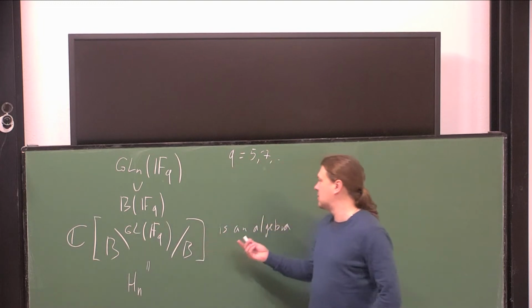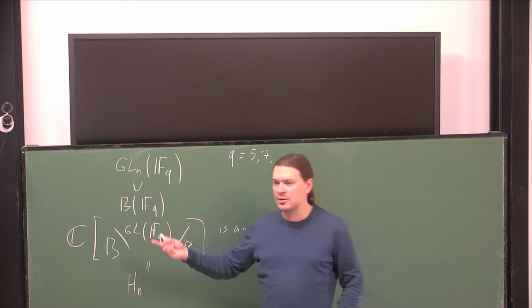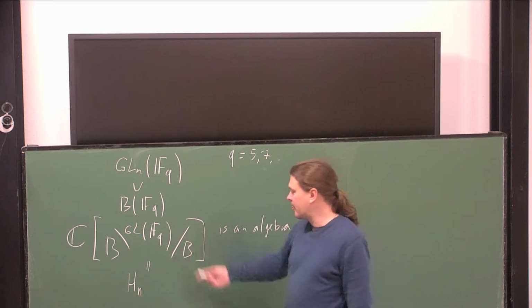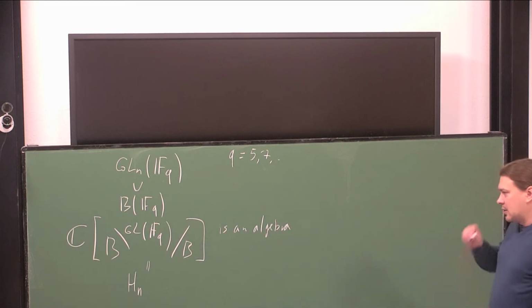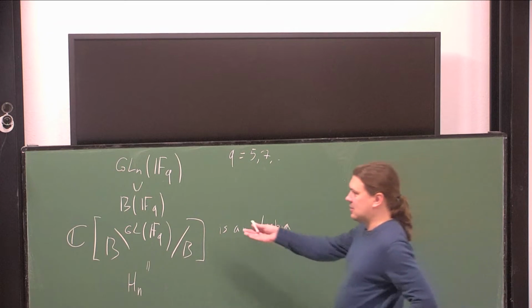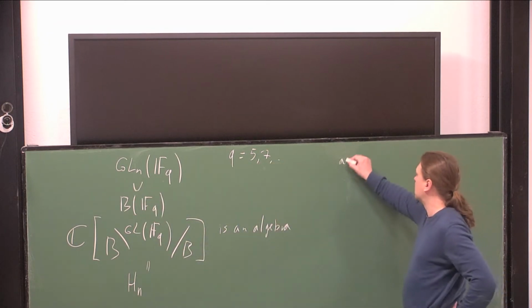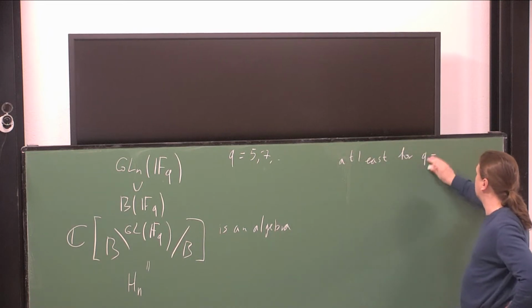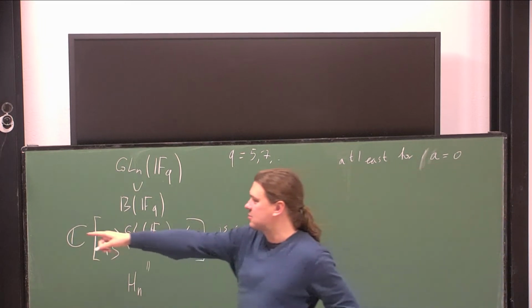But something interesting happens here. q is a number, but there q is a parameter. It turns out that all the relations in the algebra depend polynomially on q. Right, and then what you can do with this and this trace. So let's say at least for a equals 0. a equals 0 corresponds just to the trace 0.